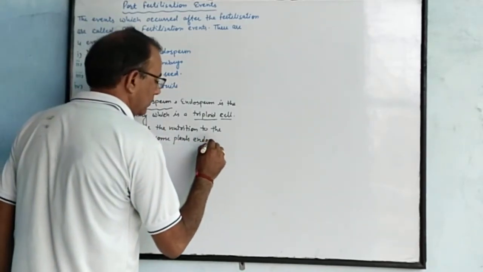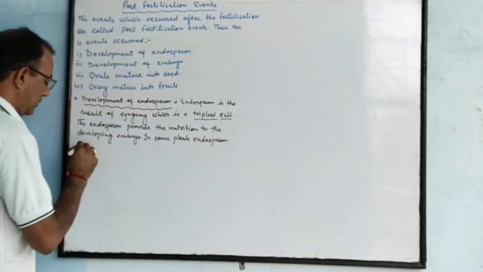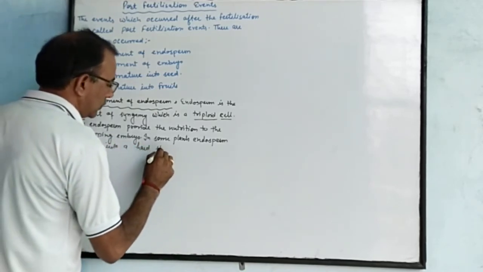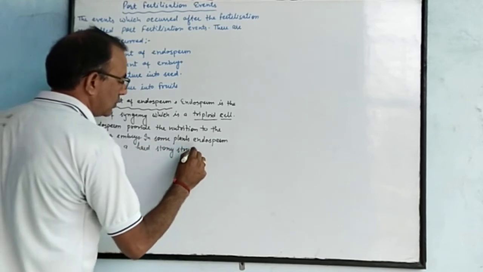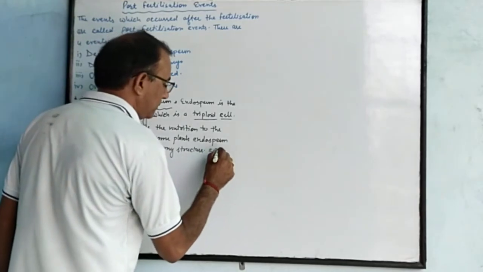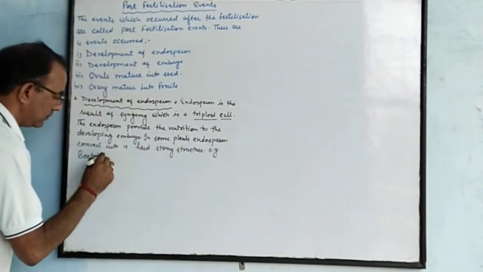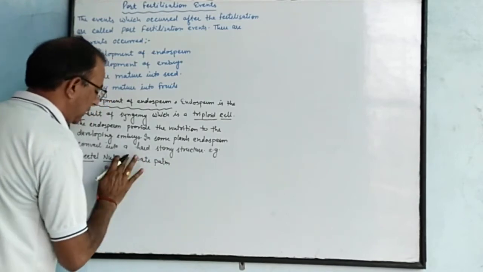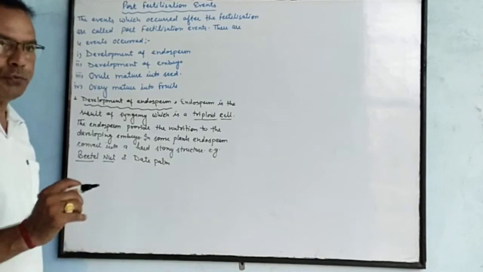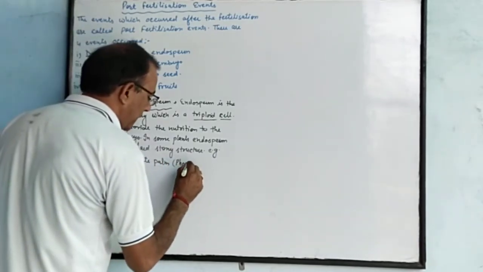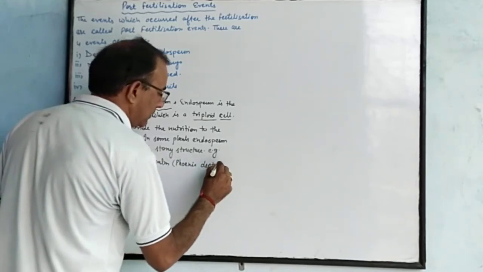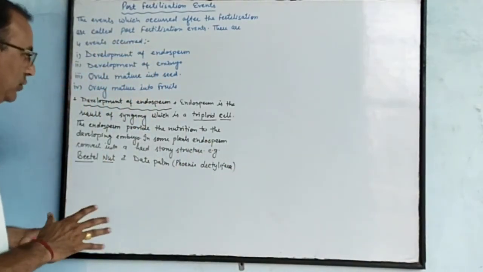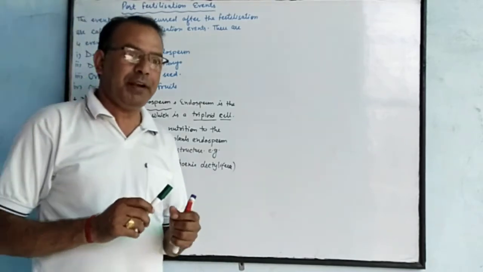The scientific name of date palm is Phoenix dactylifera. इनके अंदर एंडोस्पर्म कुछ हार्ड स्टोनी सब्सटेंस में चेंज हो जाता है. दिस इज द एंडोस्पर्म.